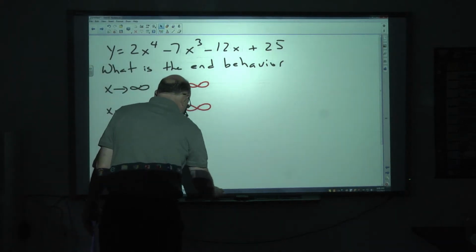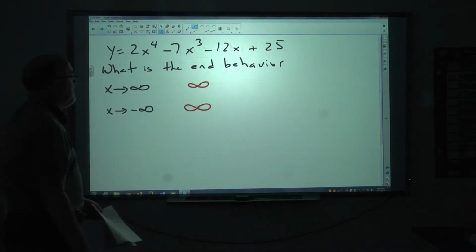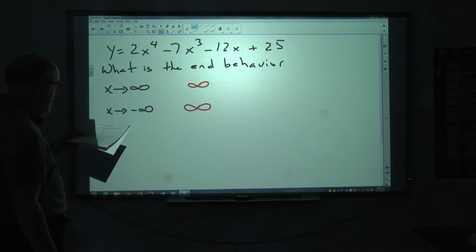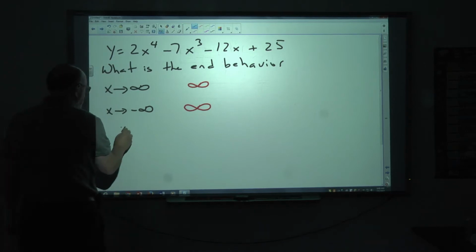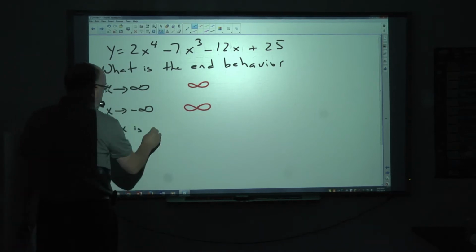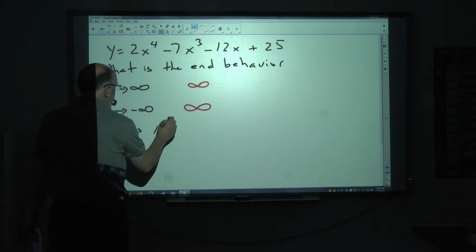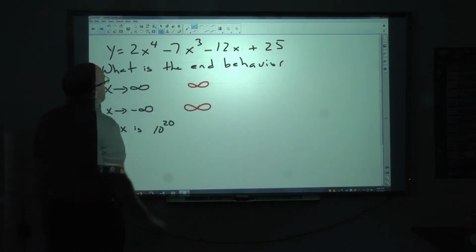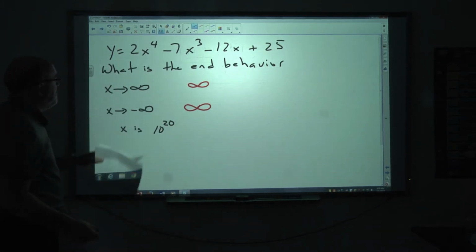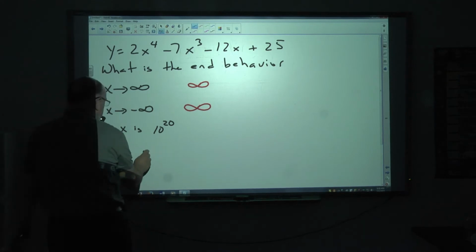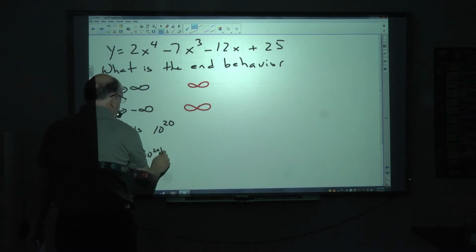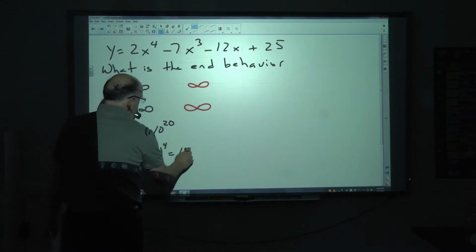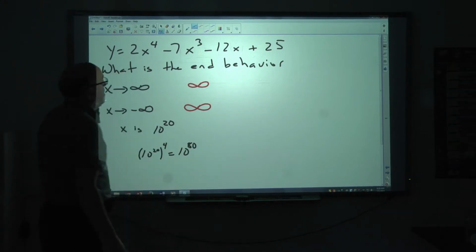Again, think about what happens in terms of x with large numbers. For example, let's say here that x is 10 to the 20th. Well, 10 to the 20th raised to the fourth power is 10 to the 80th.